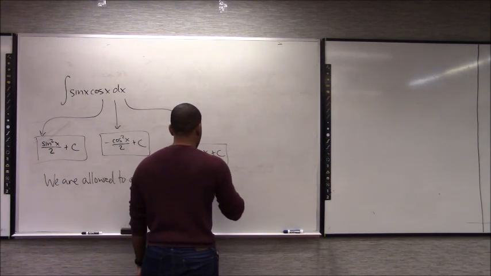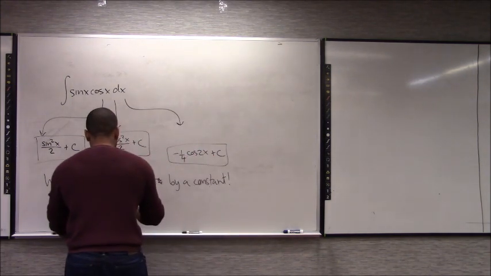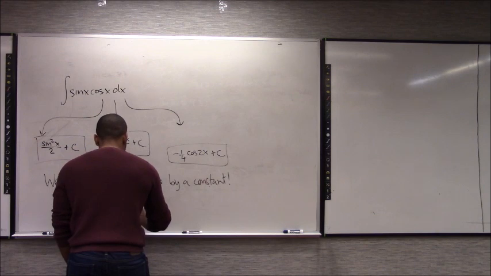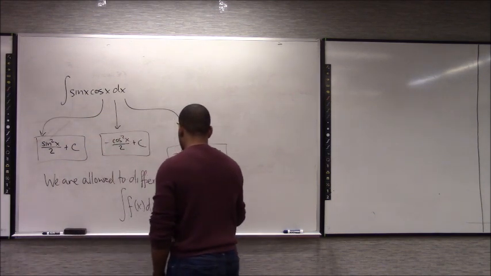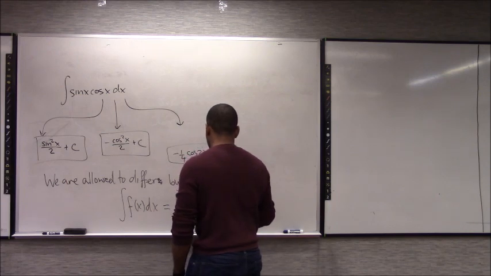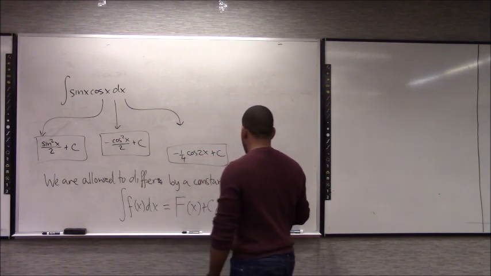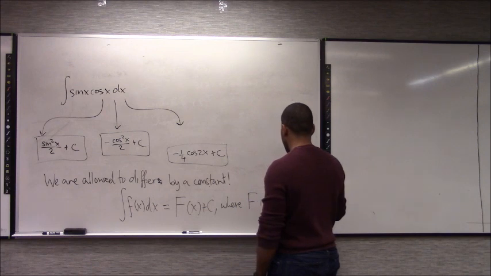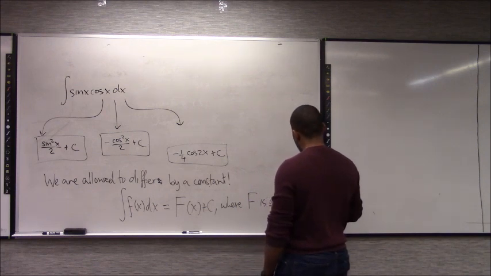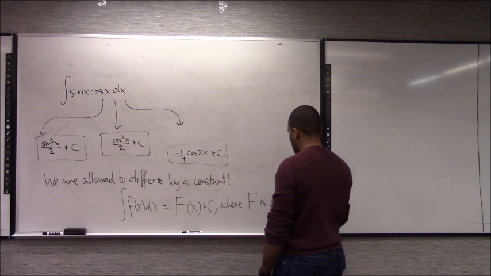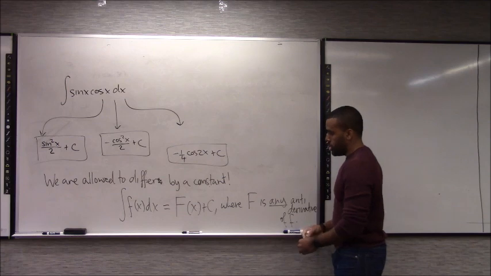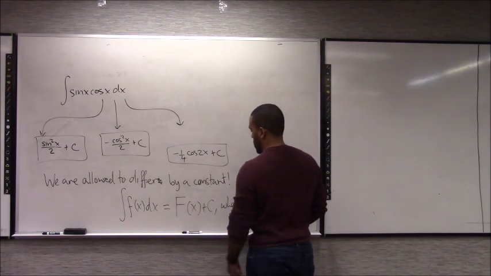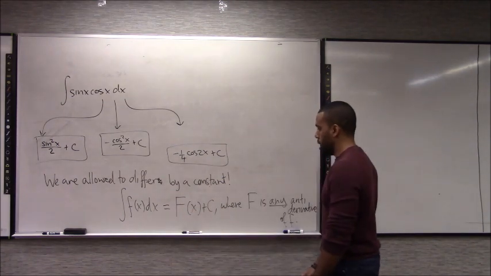Remember what the indefinite integral of f of x dx meant? We said that this was equal to big F of x plus c, where big F is any antiderivative of the small f. So any function that when you differentiate it, you get the small f and you add a c would be an answer.